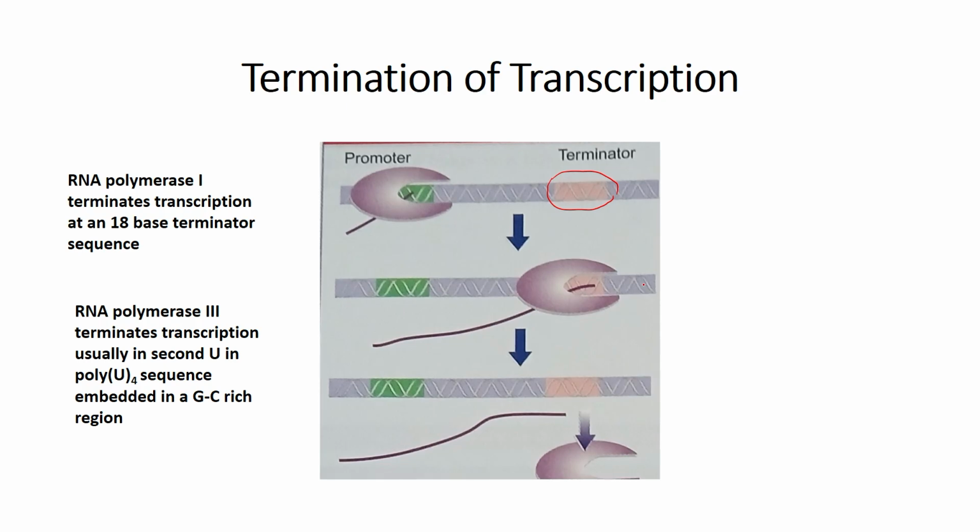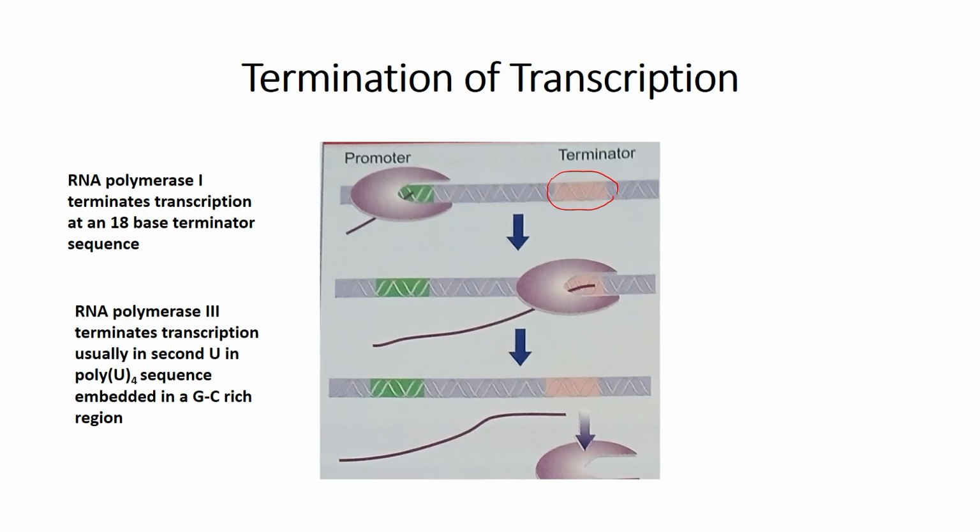Then for RNA polymerase 3, it terminates transcription usually at the second U in a run of 4 U's. So, there are 4 U's. At the second U, the transcription termination occurs.